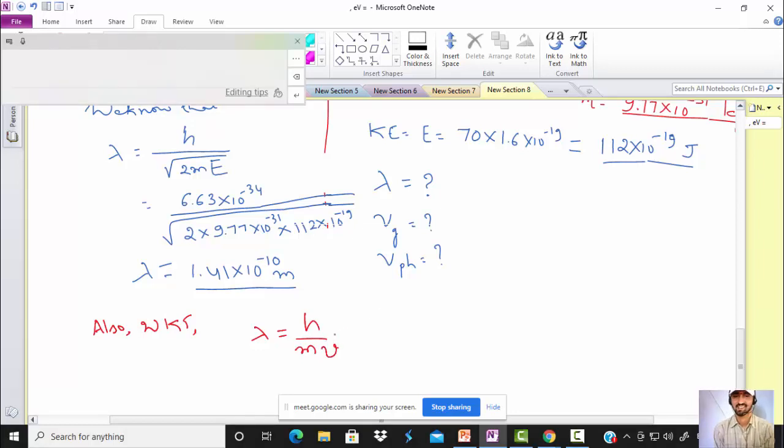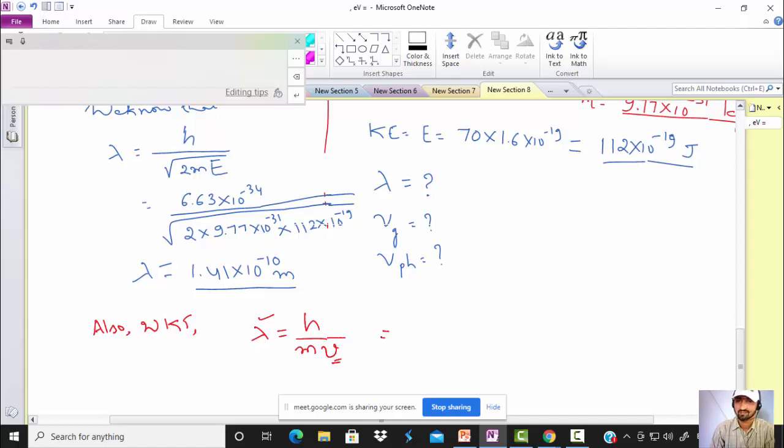Why am I choosing this equation? Now I know the lambda, from the above equation. H is known, m is known. Then I will be in a position to tell this v. The particle velocity or a general velocity can be determined easily. If I know the velocity, that velocity itself will be equal to the group velocity.